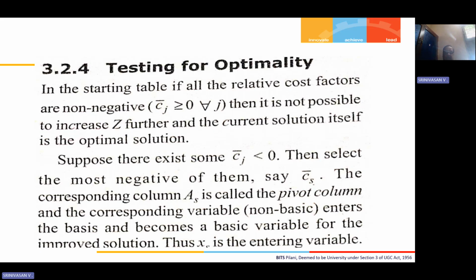In the starting table, if all the relative cost factors are non-negative, Cj bar, which is nothing but Zj minus Cj, can be 0 but cannot be negative. We don't say positive; we say non-negative, which means zero is also included. So greater than or equal to zero for all j.